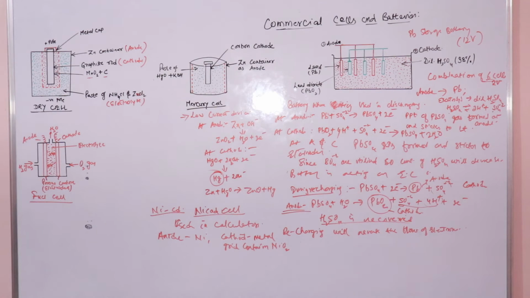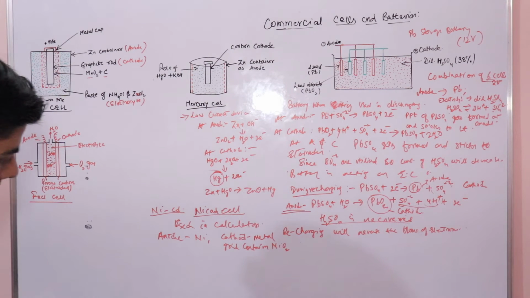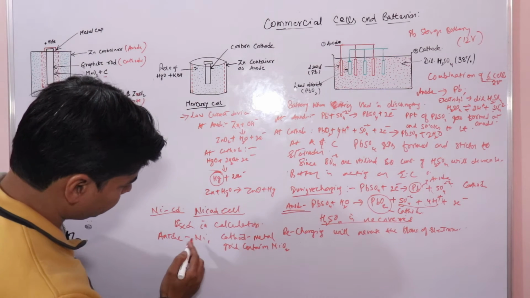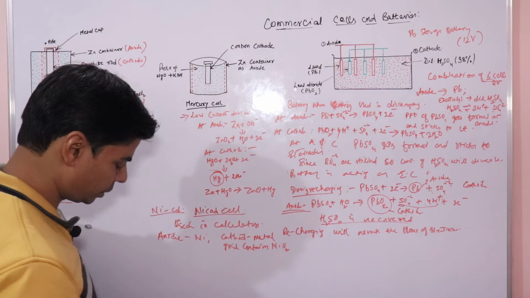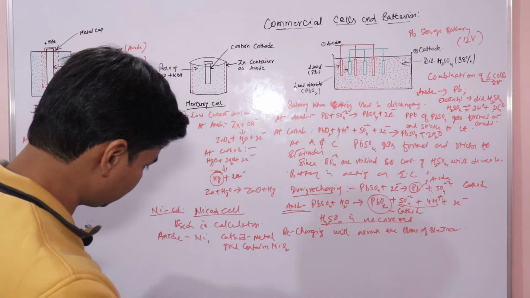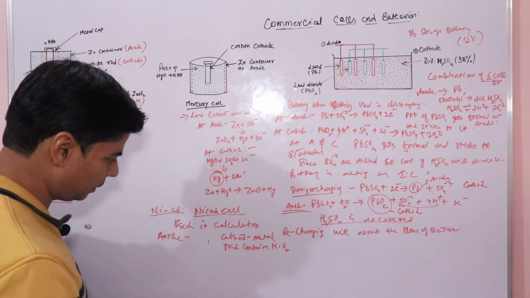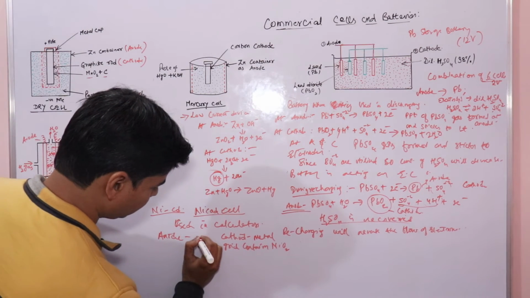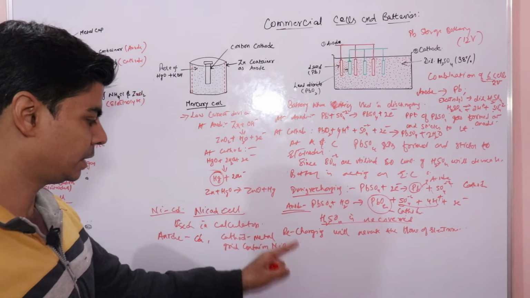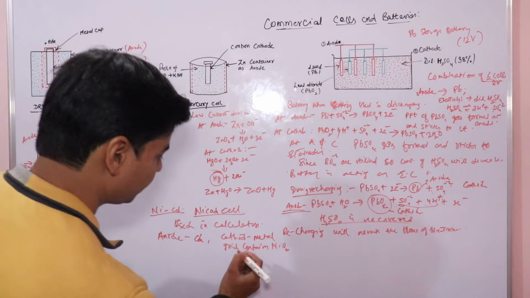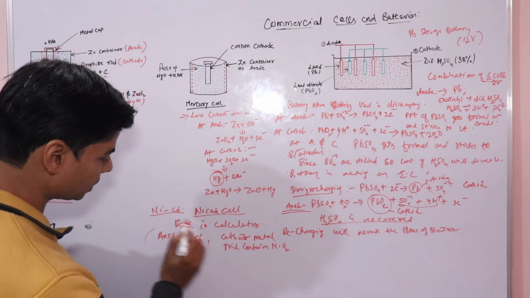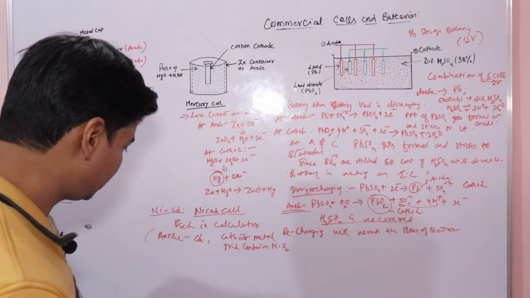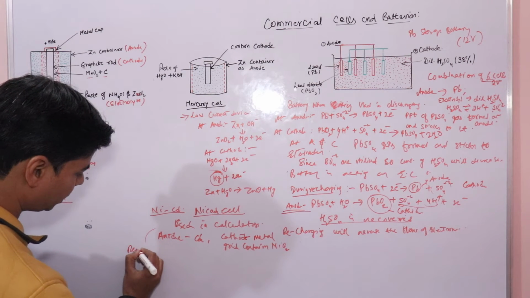I'm sorry, here I missed one thing. The anode is not of nickel, the anode is of cadmium. Nickel dioxide is at the cathode. I'm sorry for this. Now let's see the reactions at anode and cathode.